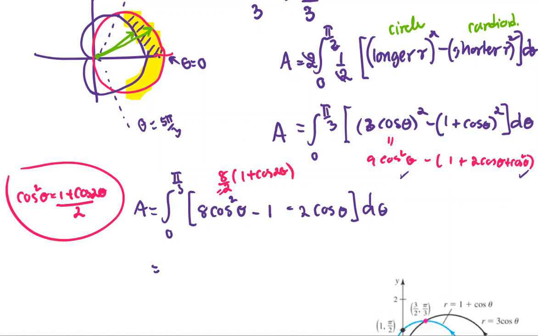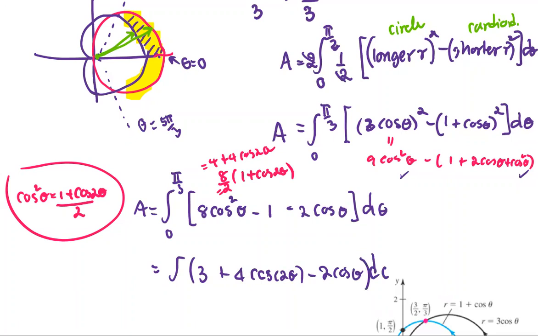That reduces to 4 plus 4 cosine 2 theta. 4 minus 1 simplifies to 3. So 3 plus 4 times cosine of 2 theta minus 2 times cosine theta with respect to theta. Lower limit 0, upper limit pi over 3.